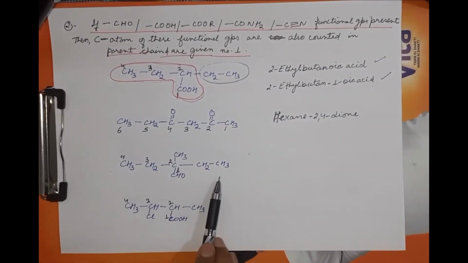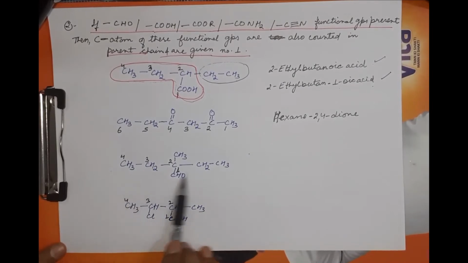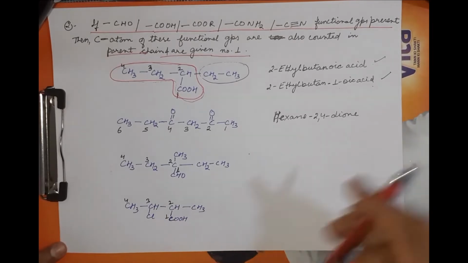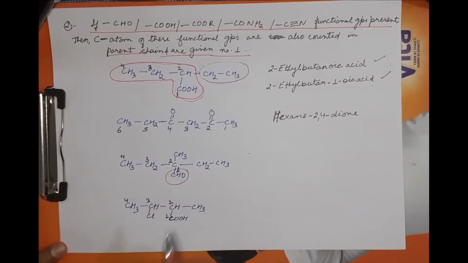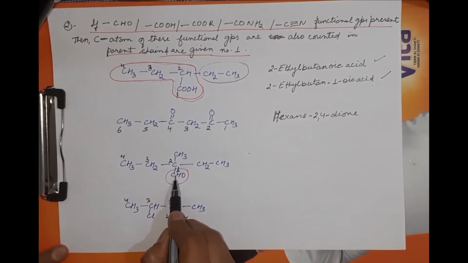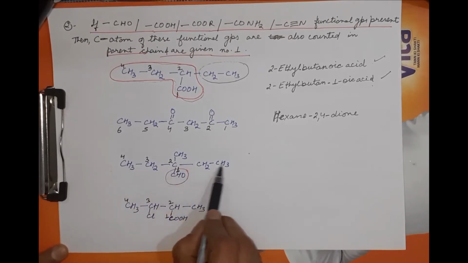So then the next example. In this example we can see that this aldehyde group is present. While numbering the parent chain, we have to include this carbon. This will get the number 1. We can see it is the same if we go like this or like this.